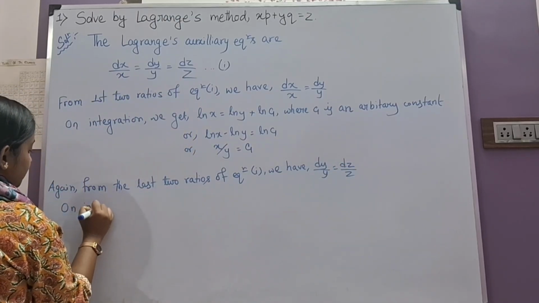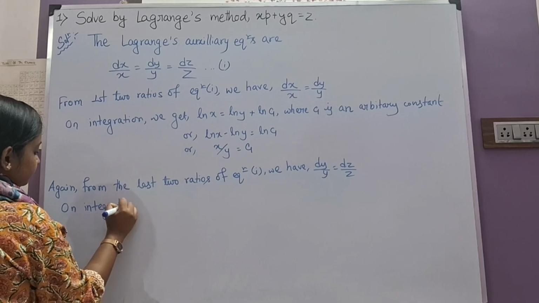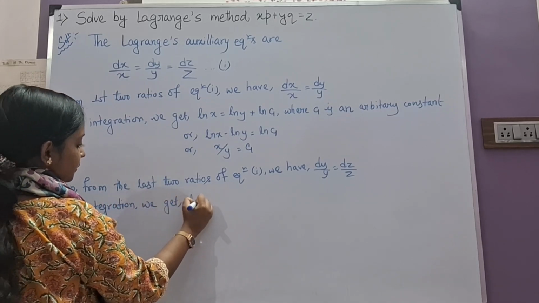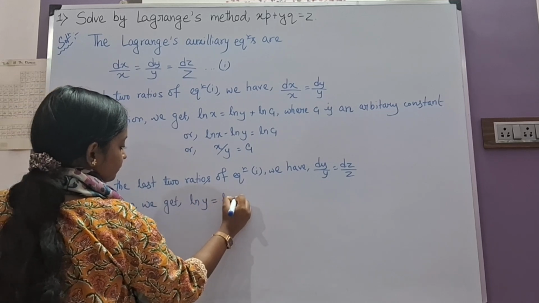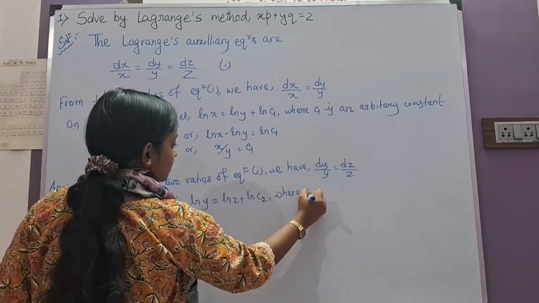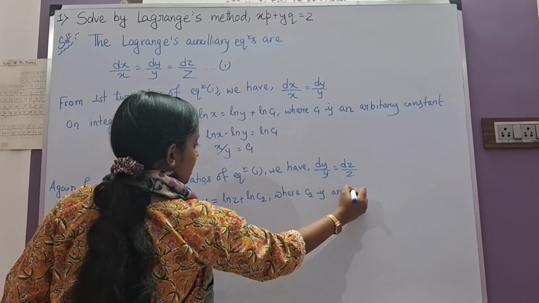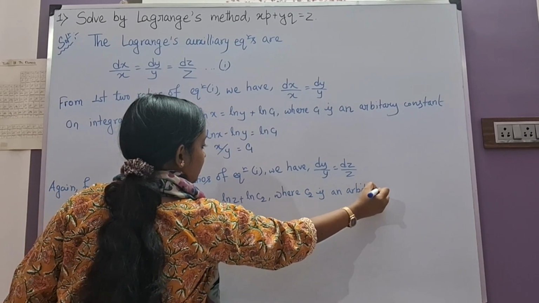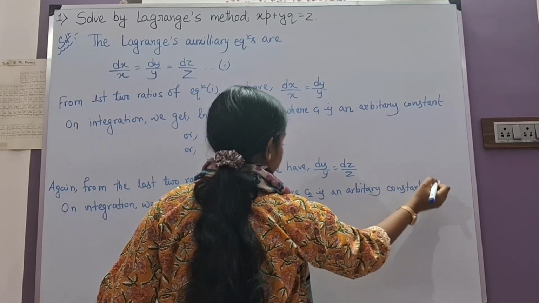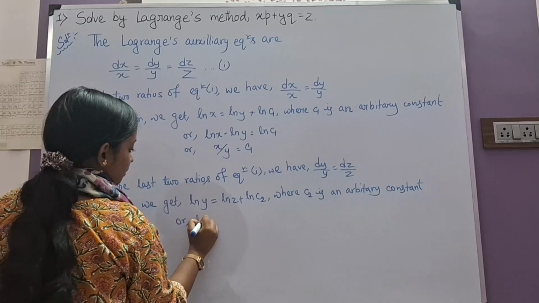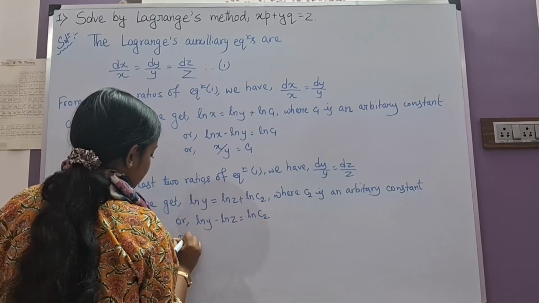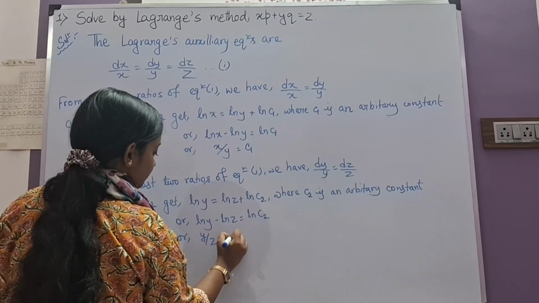Now on integration, in exam you have to write in this way only, plus log c2, where c2 is an arbitrary constant, or log y minus log z equal to log c2. Again here also we are going to remove the log part.